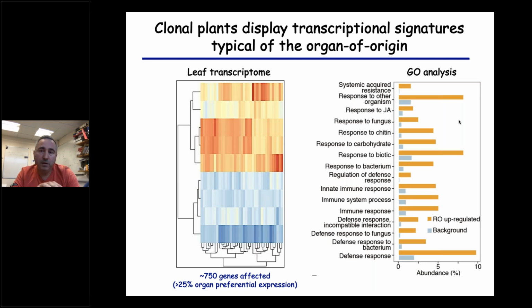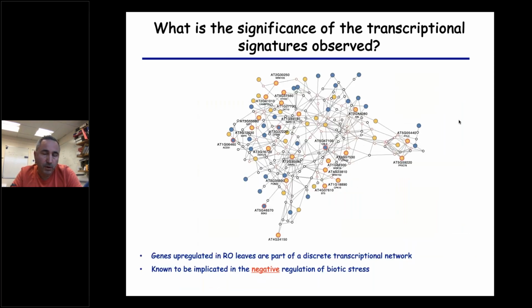But to get a better idea, we conducted a network analysis. And out of that analysis, what we found is that there was a specific cluster that was significantly affected. And this cluster, as you can see here, in yellow is all the genes that are upregulated in that cluster in the clonal plants.